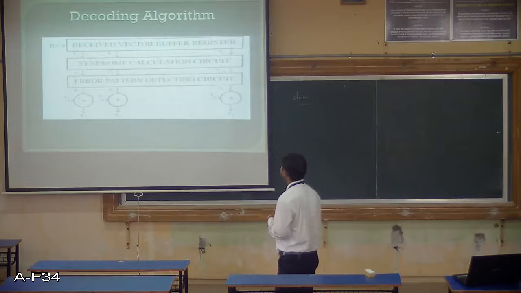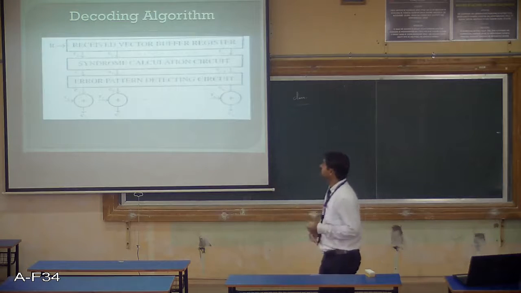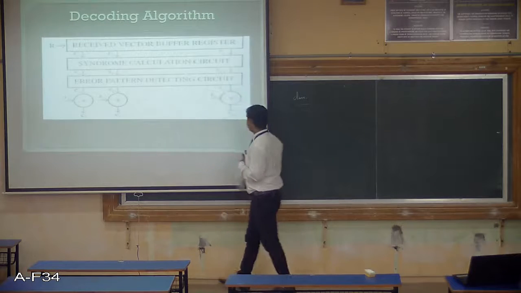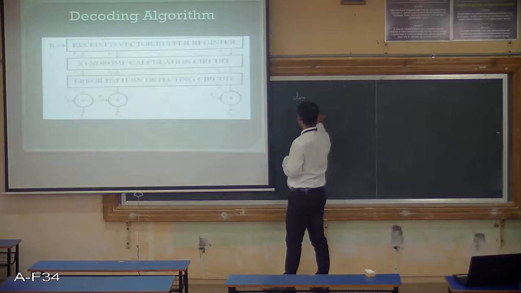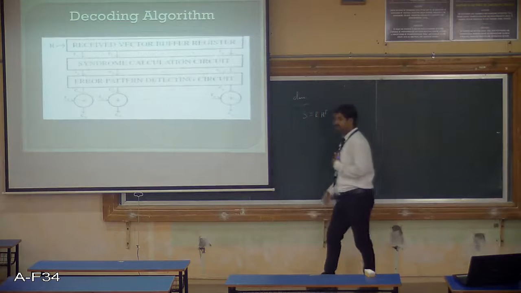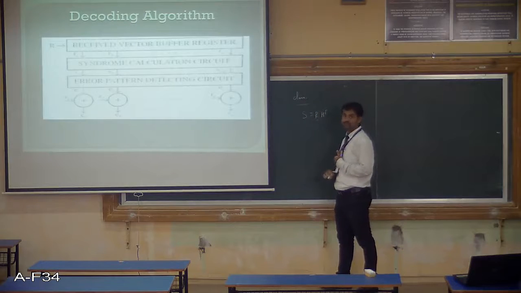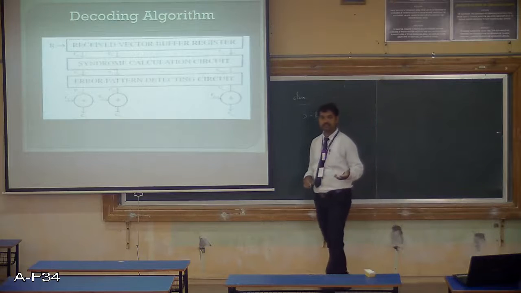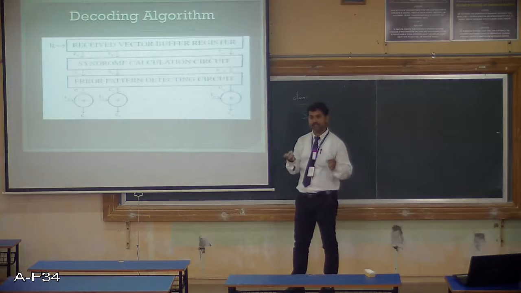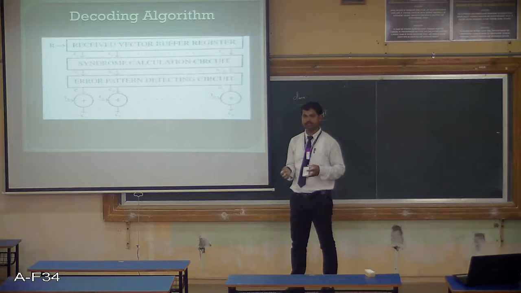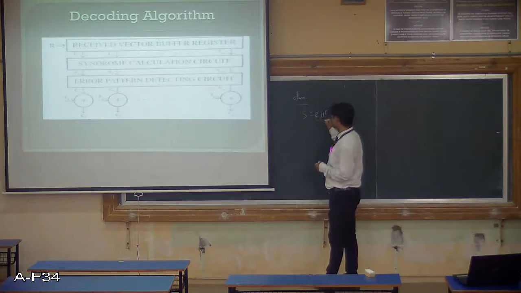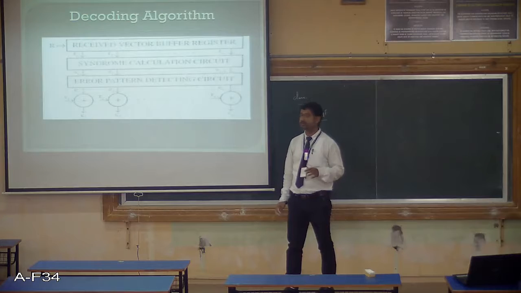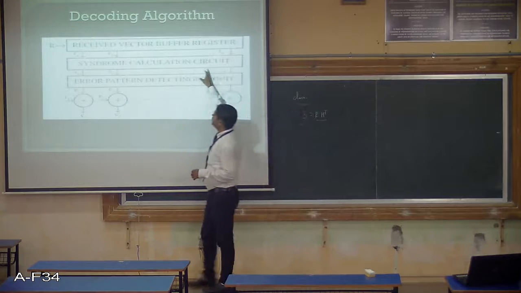So what I did is, the received vector R. Once you receive this, I can immediately find S. You know R, and H transpose is the parity check matrix. The receiver and transmitter both agree upon it; they both know the parity check matrix. Using this, I can find S, the syndrome. That is the syndrome calculation circuit.